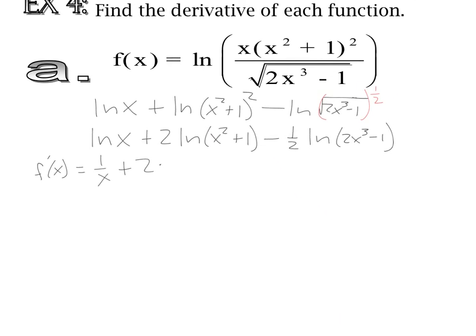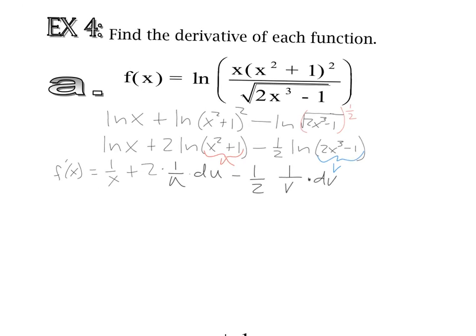If you really want, you could say, okay, that's u, and we could say that's v. And so we could just quickly say, okay, the natural log of u is going to be 1 over u, but I know there's more to it than that, so I'm going to also say times du minus 1/2. And the natural log of v, the derivative of that, is going to be 1 over v times dv.